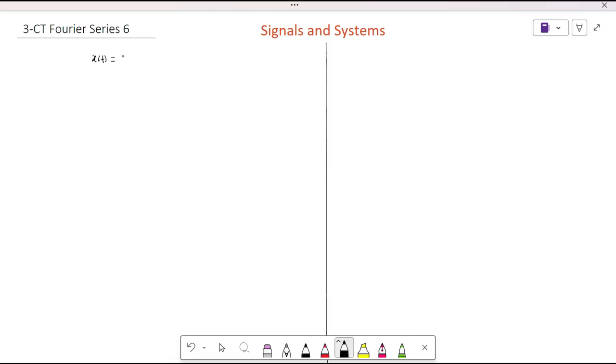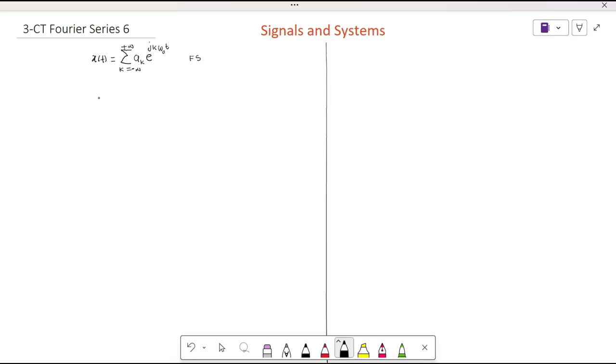That is nothing but the Fourier series representation. Sigma of ak into e power j k omega naught t, where ak is the coefficient of the complex exponential, and k varies from minus infinity to plus infinity. So this is the Fourier series representation.